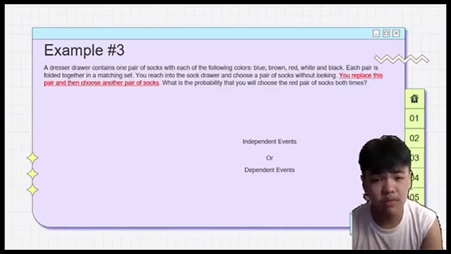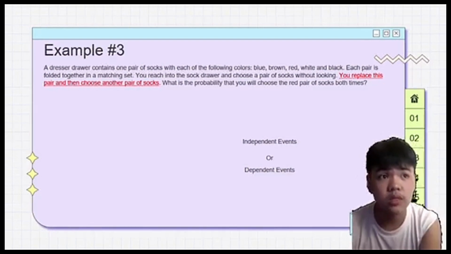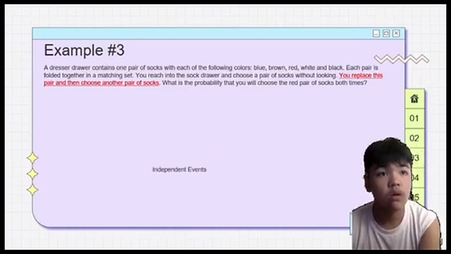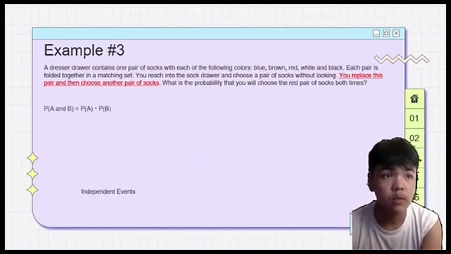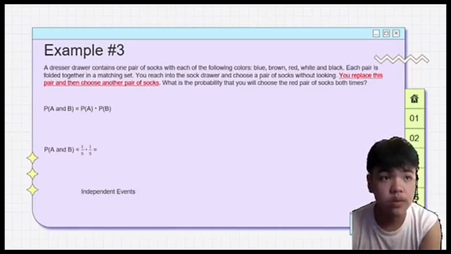So this is definitely an independent event because of the words "you replace this pair and then choose another pair of socks." So our symbol is probability of A and B is equal to probability of A times probability of B. So probability of A and B is equal to 1 over 5 times 1 over 5. Why are they both over 5?